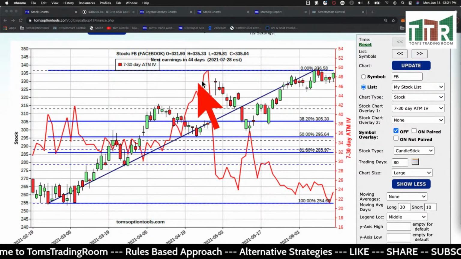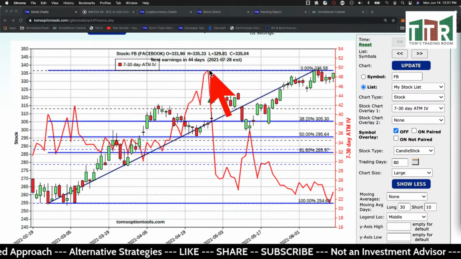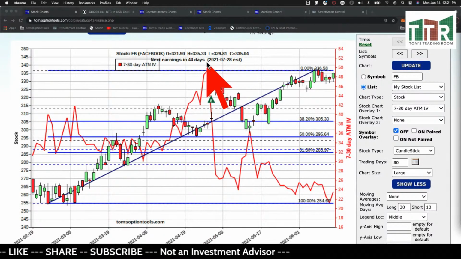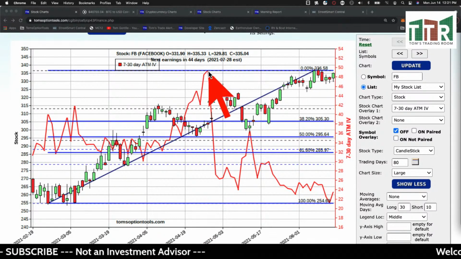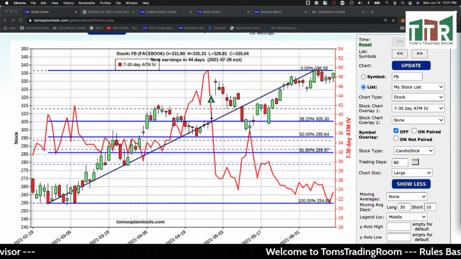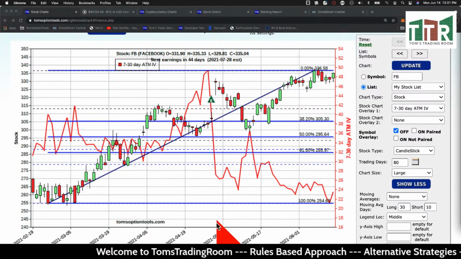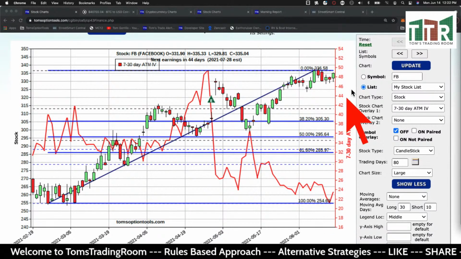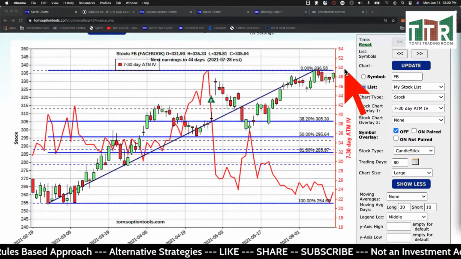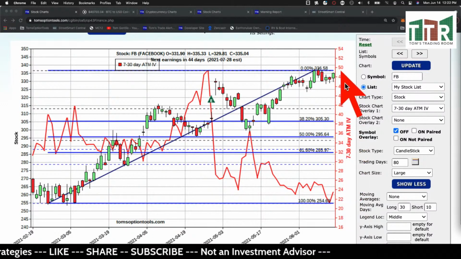This red line you see here has absolutely nothing to do with Fibonacci. These are option prices. As you can see, option prices in Facebook back in the April to May period were high. In fact, they were double where they are now, because we've gone from 50, and these are percentages, in terms of how much these options are costing, down to 22.